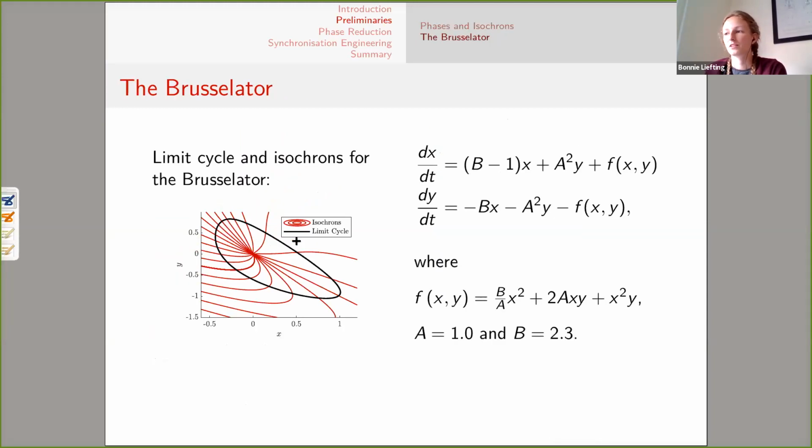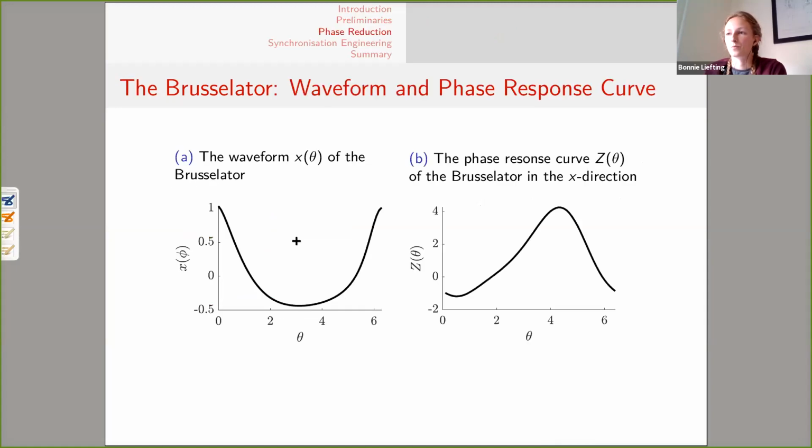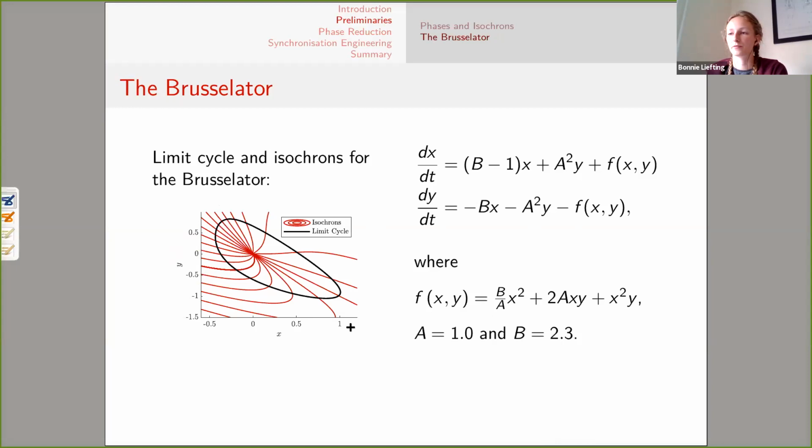So this is just another example. It's a Brusselator oscillator where all these isochrons are mapped out. And in this case, the waveform of the oscillator is the first thing we need for this method, which is just the x coordinate versus the phase.